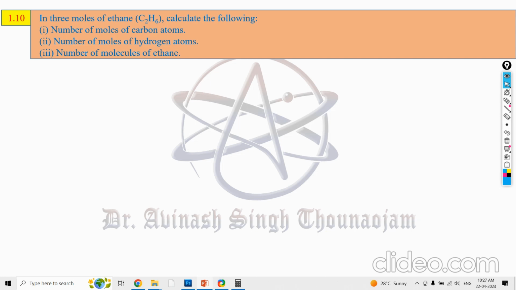One mole of ethane contains 6.022 into 10 raised to 23 molecules of ethane. It will be 2 moles of carbon atoms and 6 moles of hydrogen atoms. So 1 mole of ethane contains 2 moles of carbon atoms and 6 moles of hydrogen atoms.